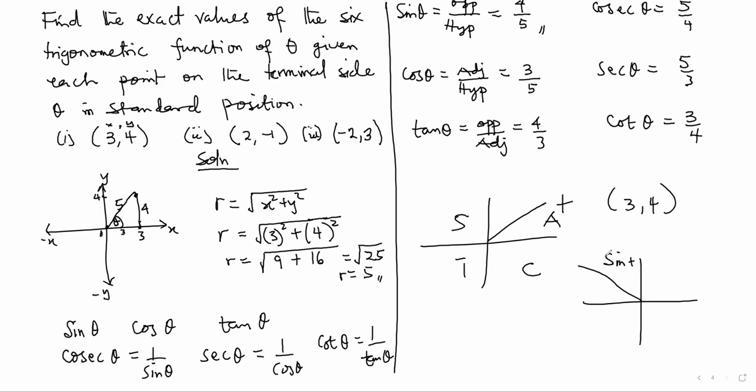But this particular question we are dealing with happened to fall in the first quadrant, so all is positive here. So there's no need for us to negate any. So take note of that.